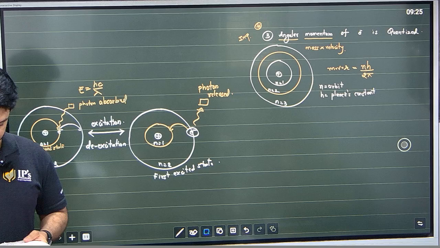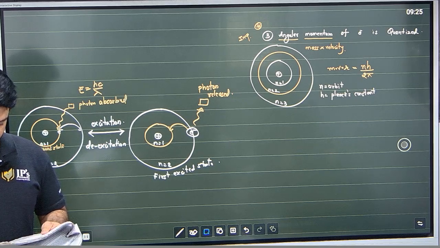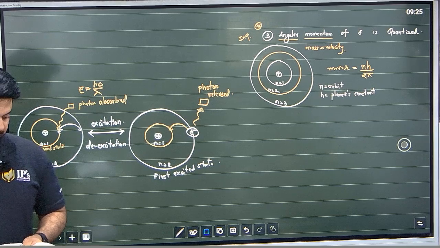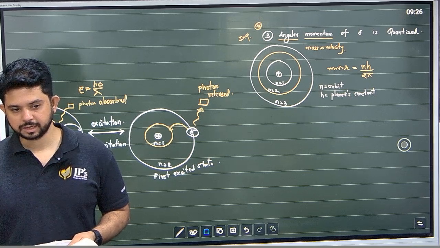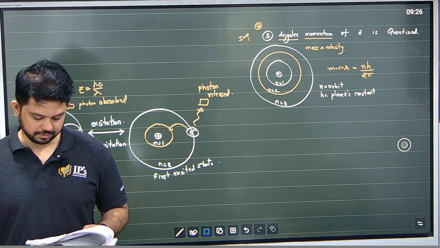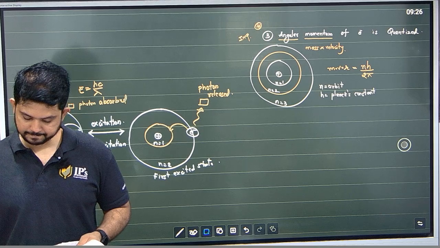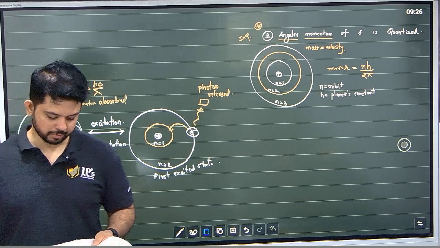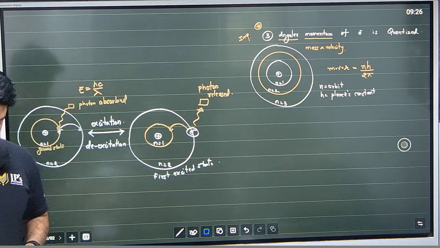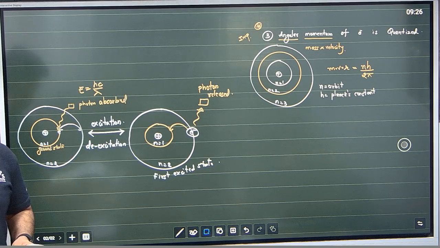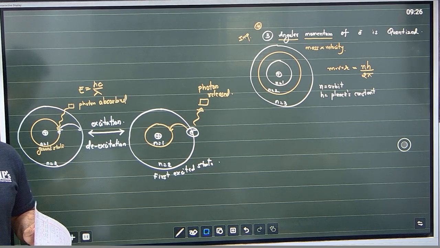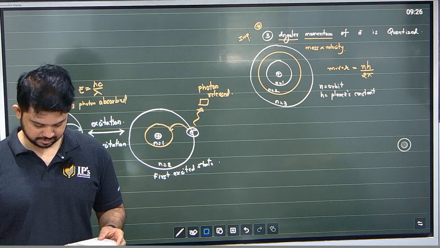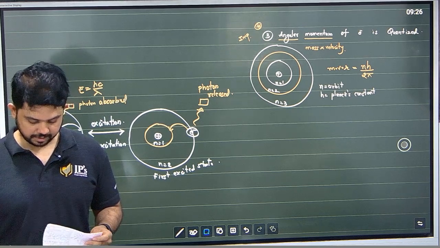And when the electron jumps back to lower energy level, it emits the same amount of energy. Thus, energy change does not take place in a continuous manner.